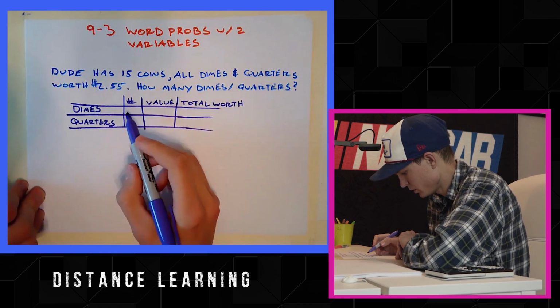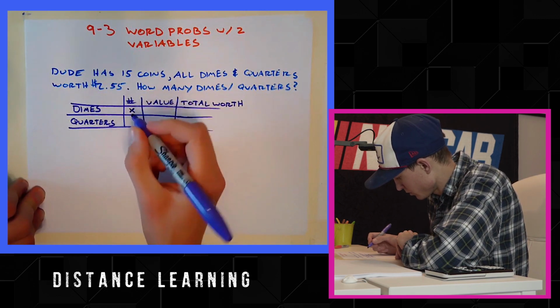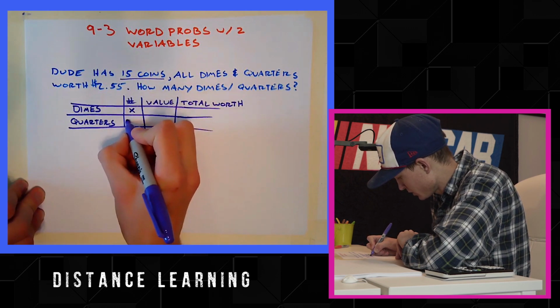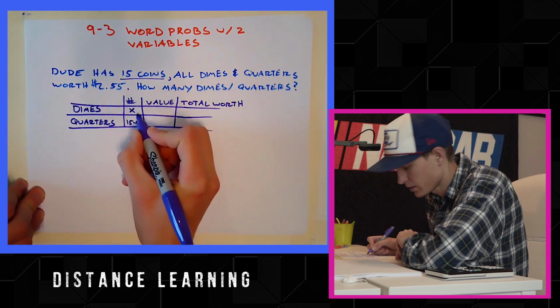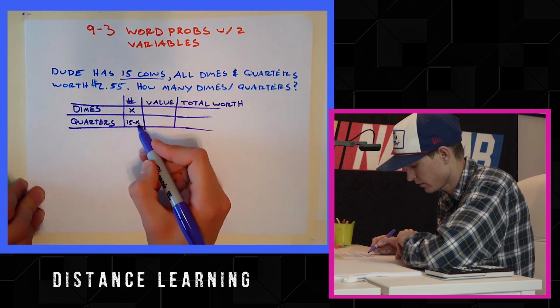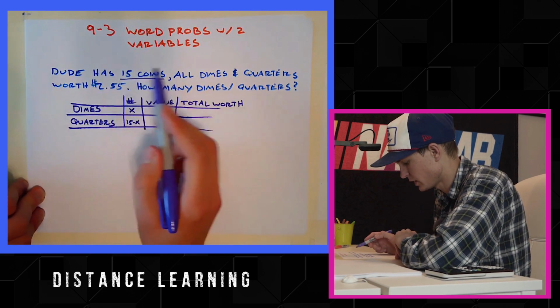So, did we know how many dimes we had? No. But if we have 15 coins, that means we have to have 15 minus however many dimes I had. So if I had 5 dimes, I have 10 quarters. If I have 10 dimes, I have 5 quarters, for a total of 15 coins.